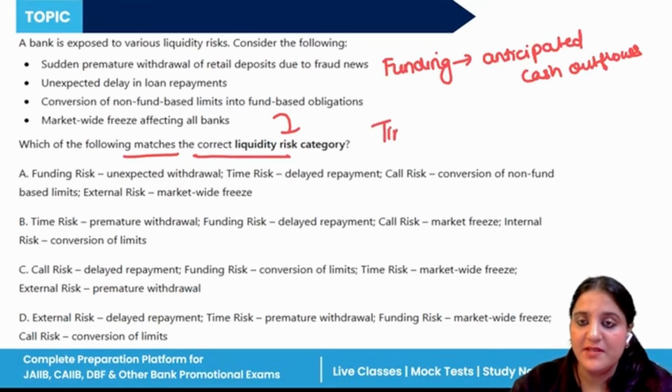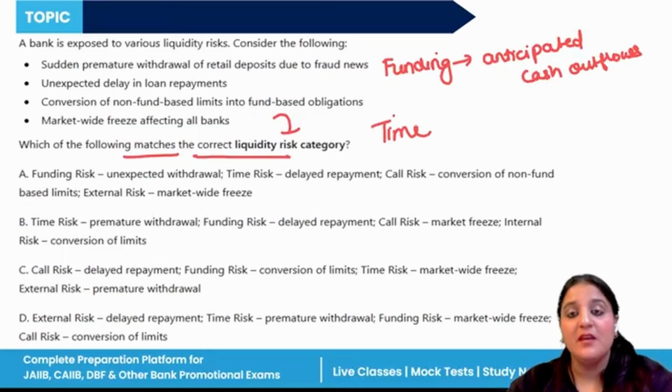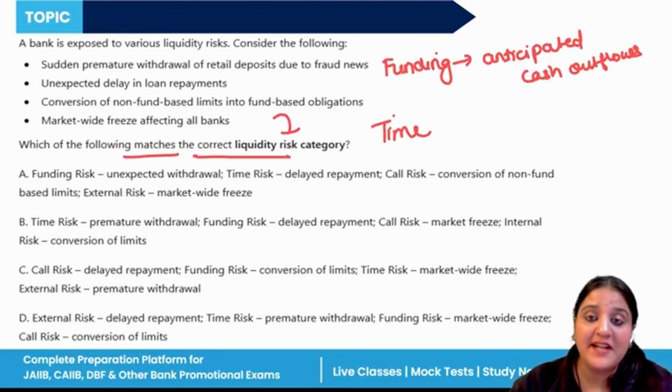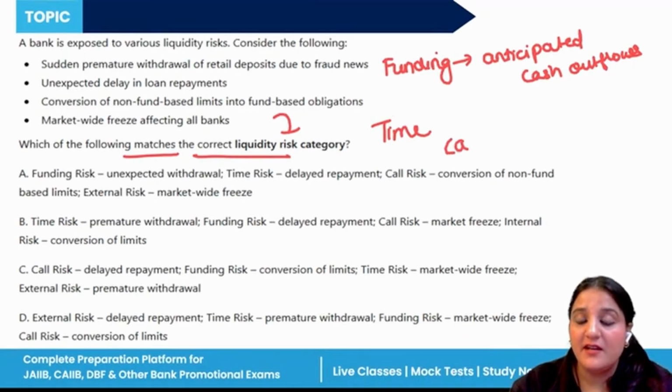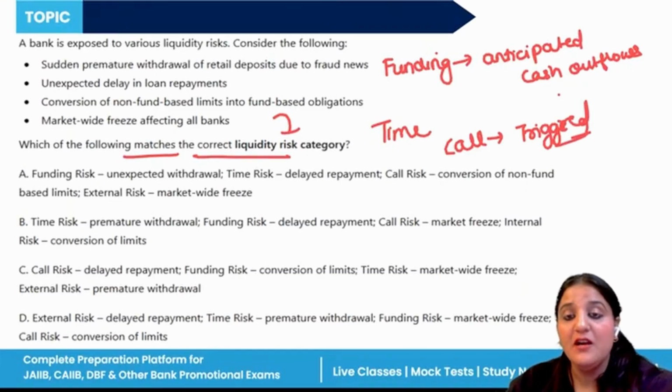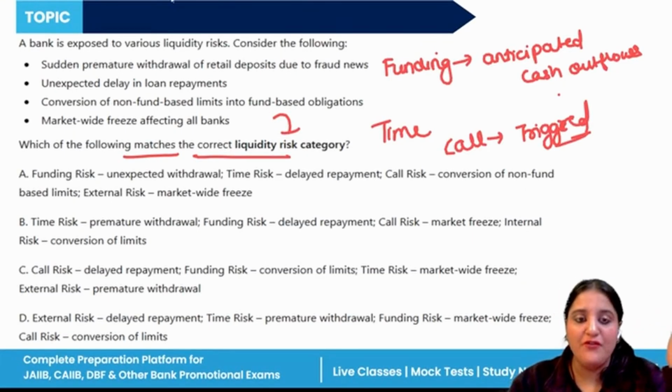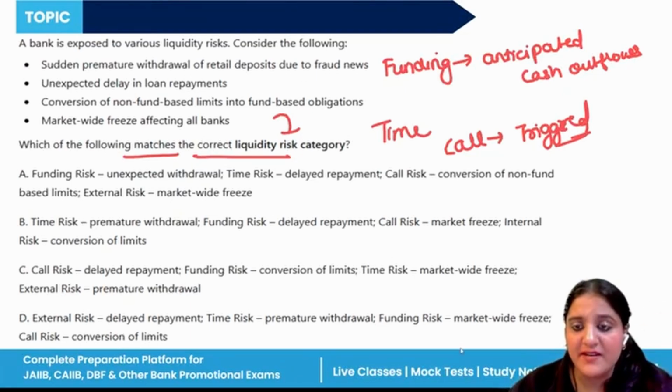What is time risk? Time risk occurs when expected inflows are delayed. What is call risk? That is triggered by the crystallization of contingent liabilities and the conversion of non-fund facilities into fund based. And what is external risk?